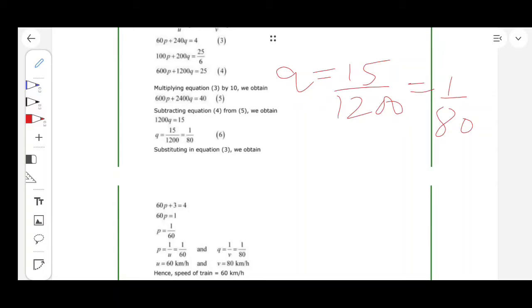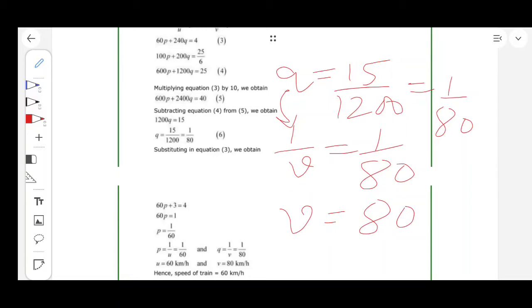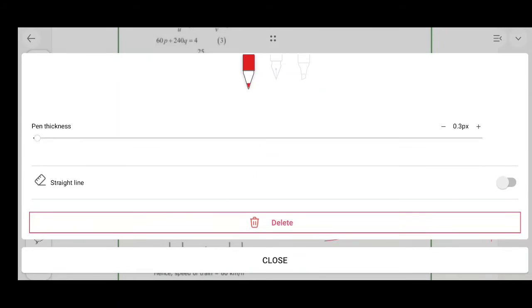We know q equals 1 upon v, so we get v equals 80 km per hour.